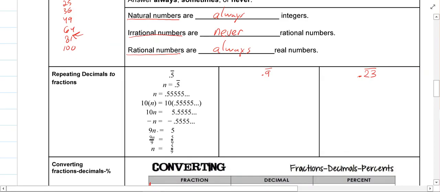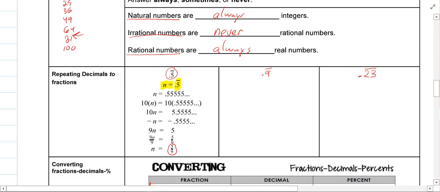This is your example, okay? We're turning a repeating number into a fraction. And there's a long process to do this for proof, okay? So let's begin at the very top. First of all, we say that n is now going to be equal to 5/10 repeating.